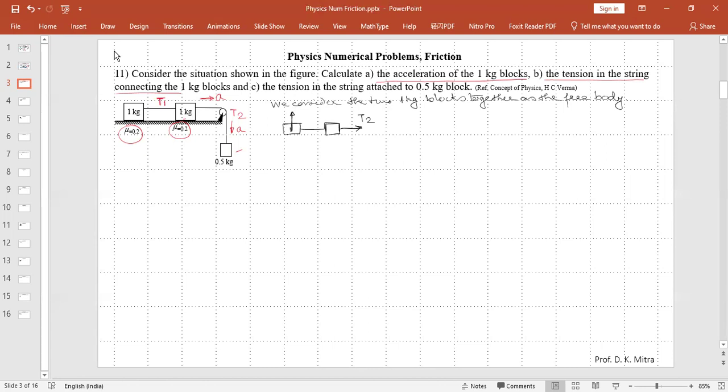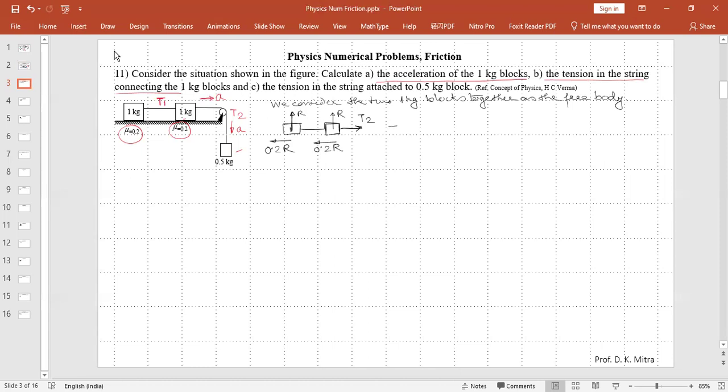Its reaction will be 10 Newton, and its friction will be 0.2 R. This is R. This also has the same R, and this has the same frictional force, 0.2 R, resisting its motion. Then what do we find from this free body diagram?